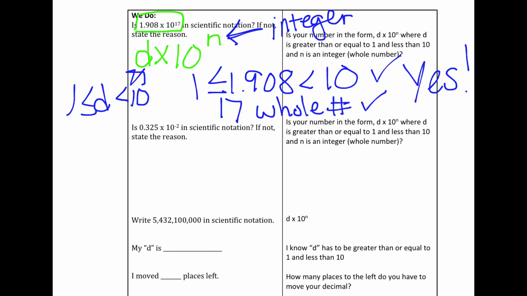Now let's look at this next one. 0.325 times 10 to the negative second power. Is it in the form d times 10 to the nth power? Well, let's look at this d here. In this case, d would be 0.325. That is less than 1.